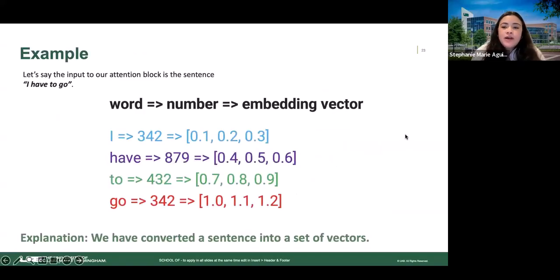So if you were to have an example, let's say the input of our attention block is a sentence, I have to go. The word is being identified with a number, or barcoded with a number, and you would have that as your embedding vector.